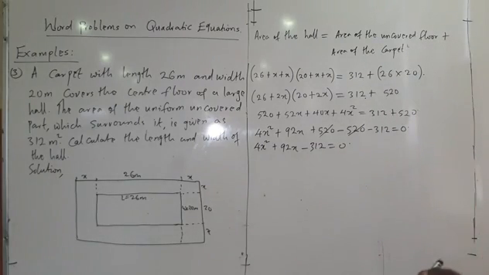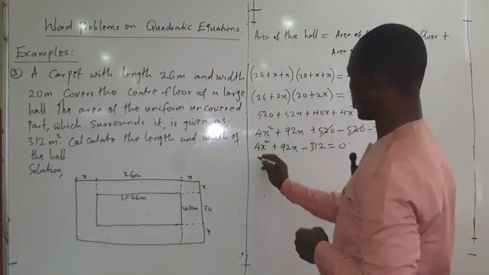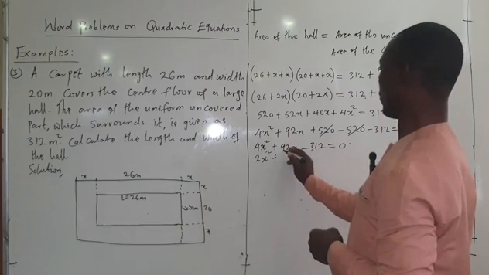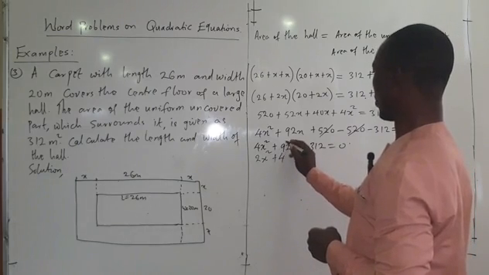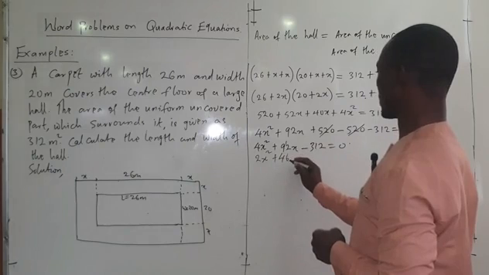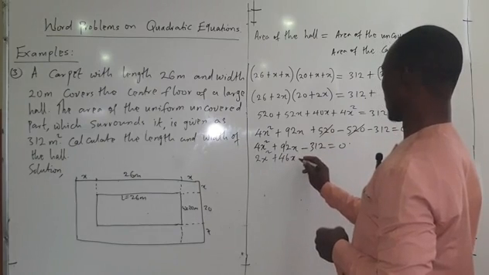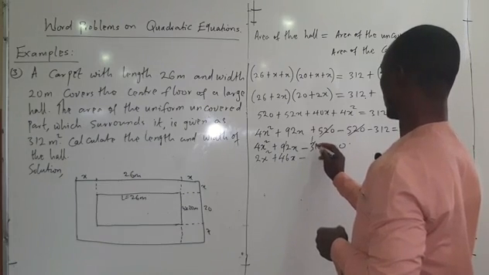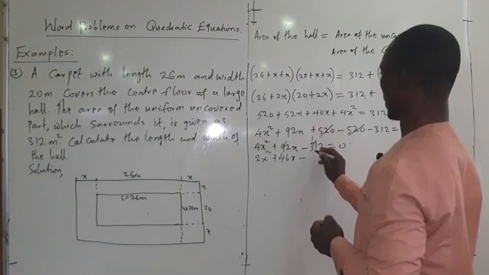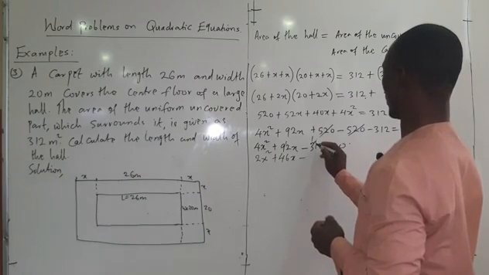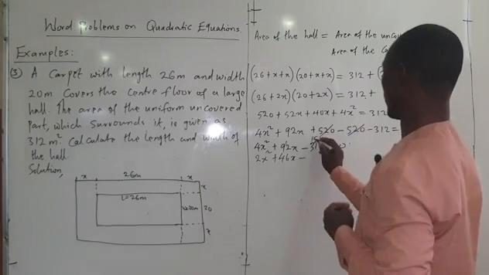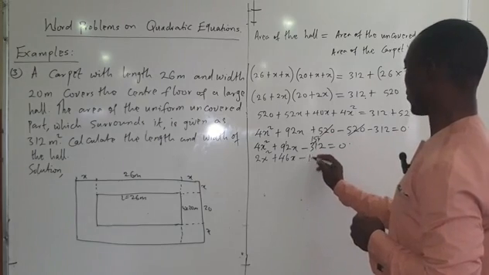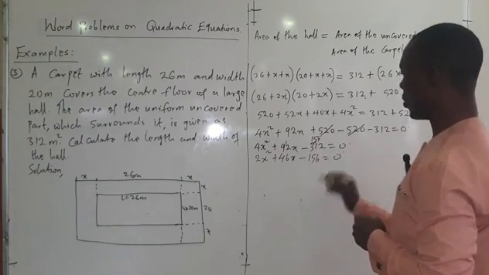So I think 2 can go into everything. We get 2x squared plus 46x minus 156 equals 0. 2 can still go.